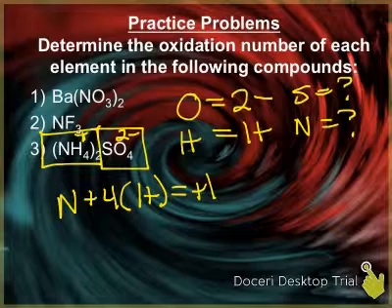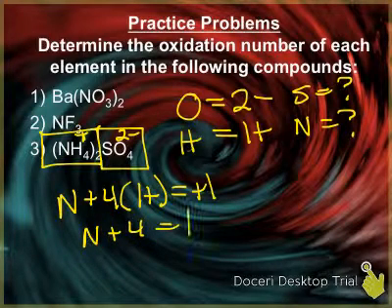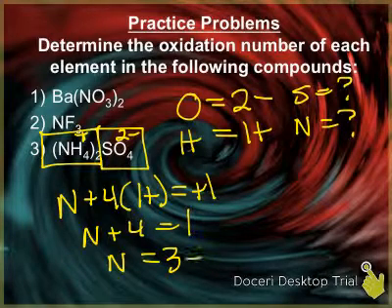So are we going to use that when we're just solving for nitrogen? No, that subscript's there to make it a neutral ionic compound, right? Okay, so how do we solve? Nitrogen plus 4 equals 1. So nitrogen is going to equal 3 minus.